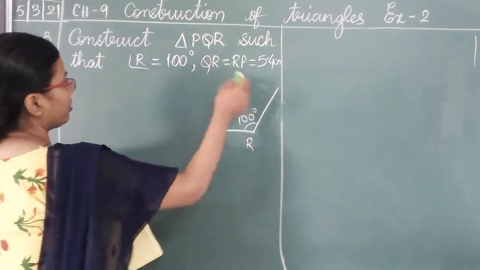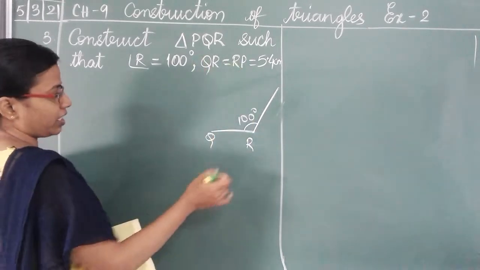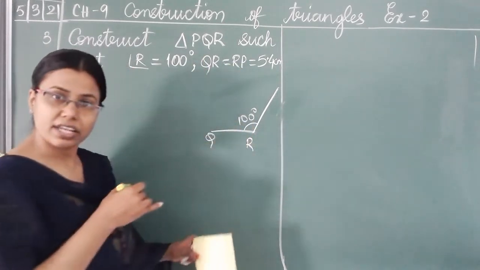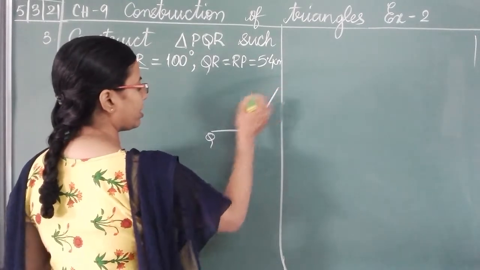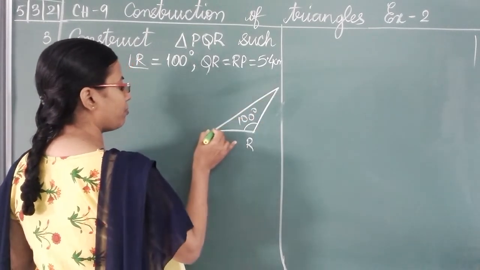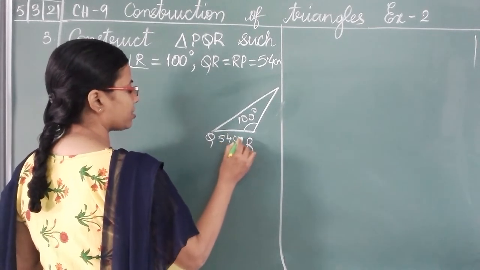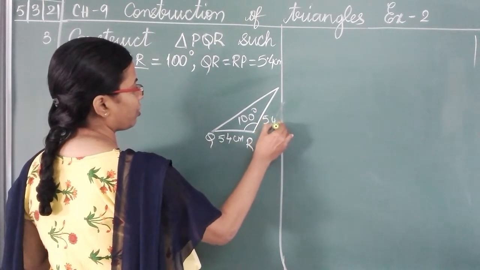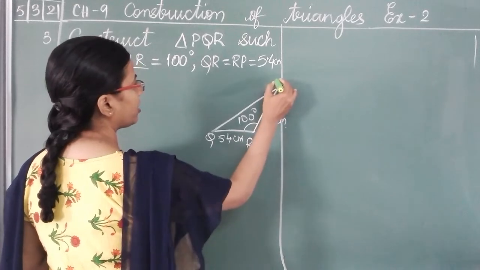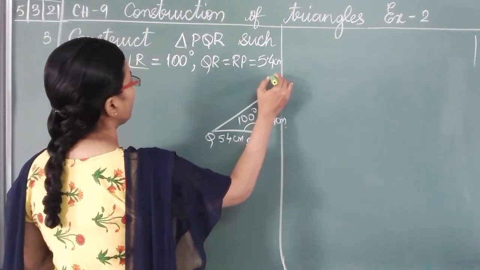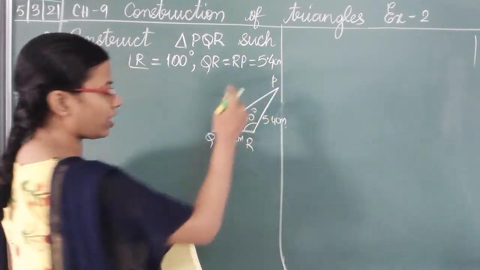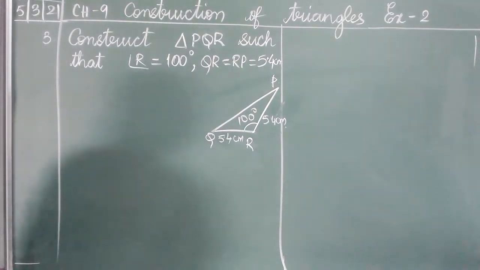And now, you can see that RP, R is here, so R as a center, we are going to cut an arc, and this should be of same length. So this is 5.4 centimeters and this side is 5.4 centimeters and this is P. PQR, this is the triangle that we are going to get.